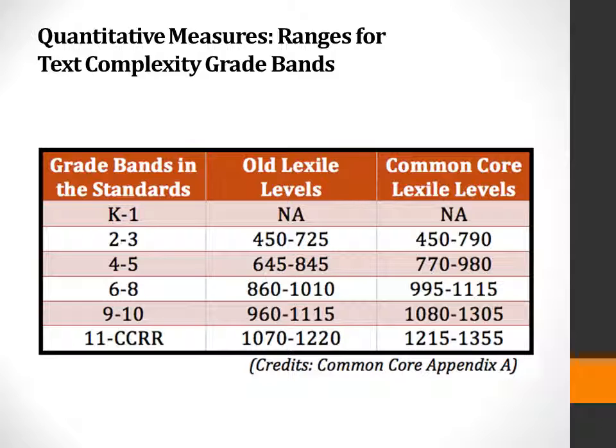As students advance through the grades, they must develop their comprehension skills and apply them to increasingly complex texts. The portion of the text that students read each year should come from a particular complexity band.